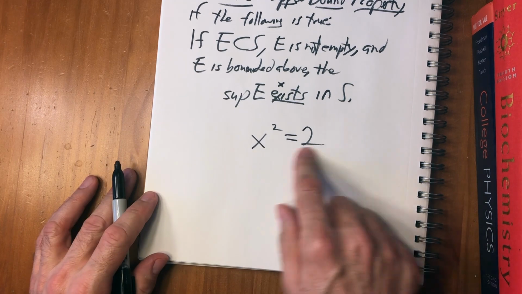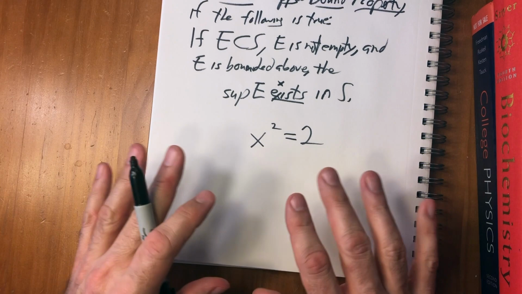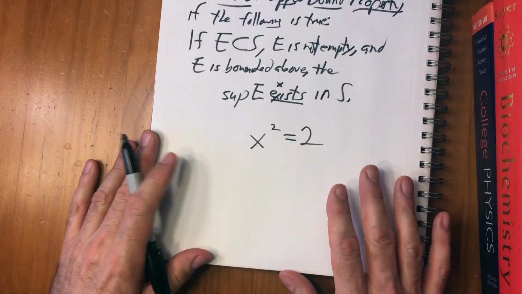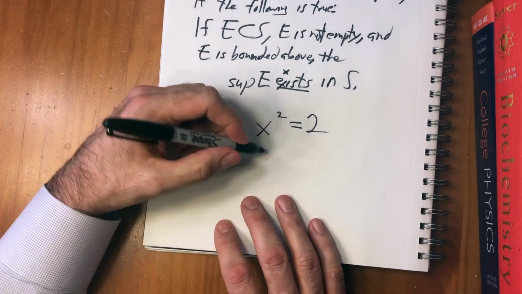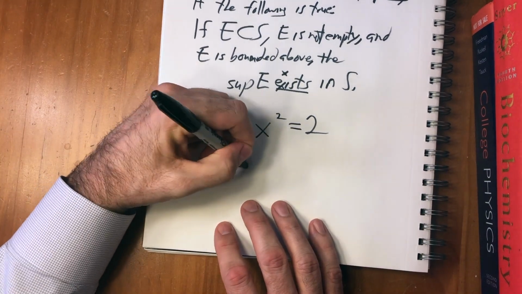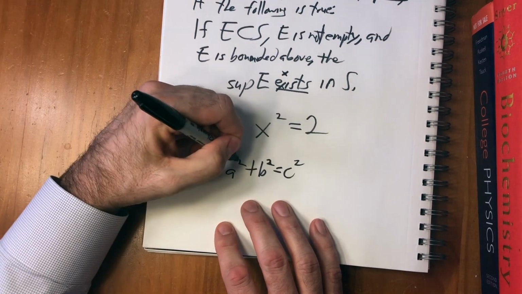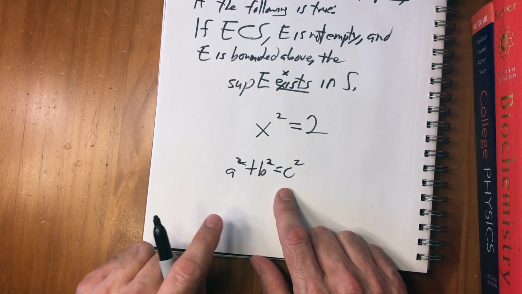And this doesn't have a solution in rational numbers. So one way to always think about the ways that math has been extended is that it's all about polynomials and trying to solve polynomials. Remember, what are we doing here? We're talking about the Pythagorean theorem. Even this doesn't have a solution for some values in the rational numbers.